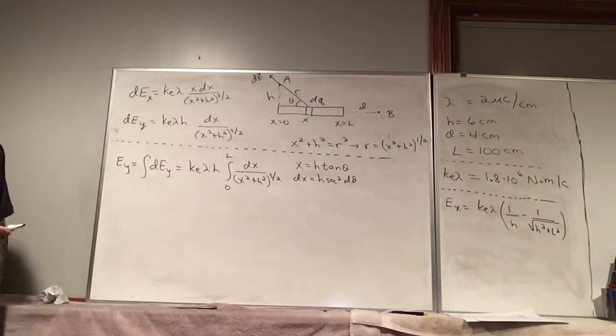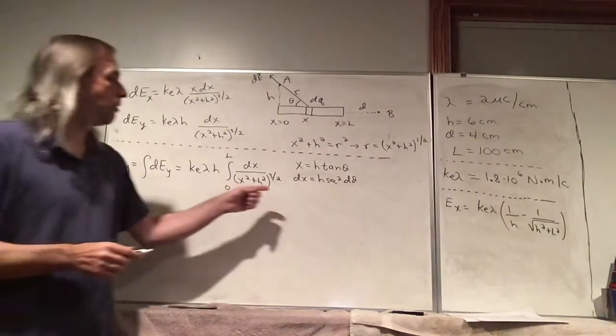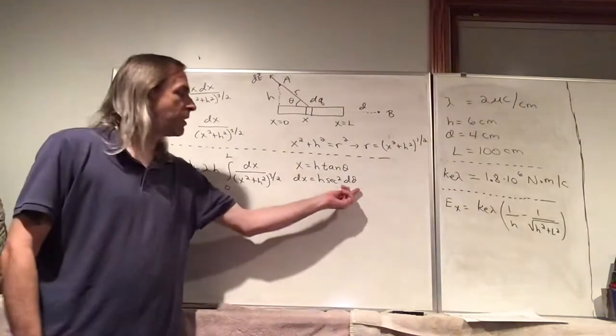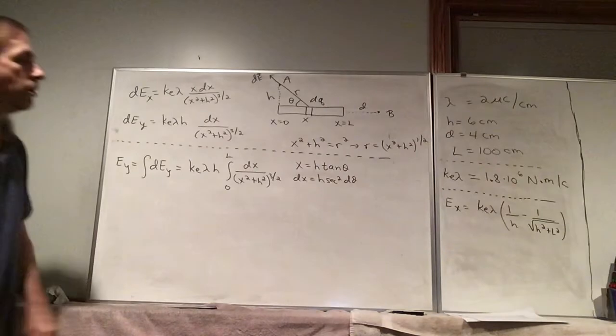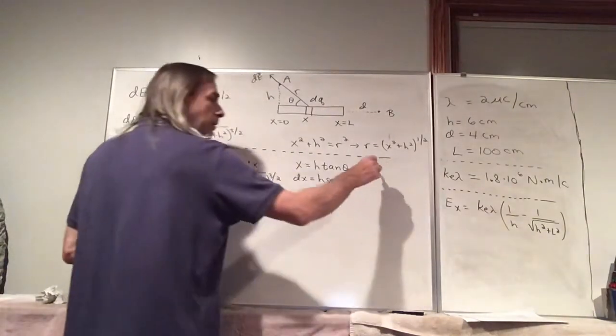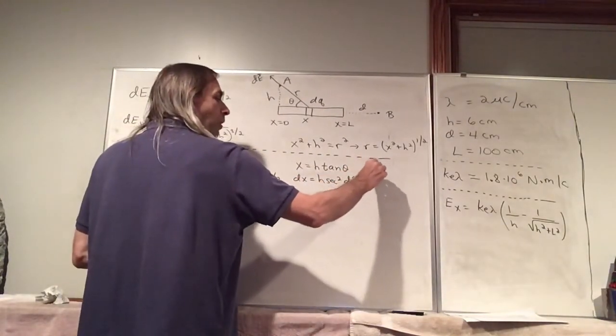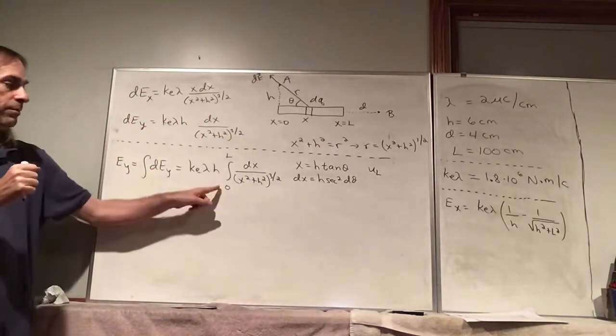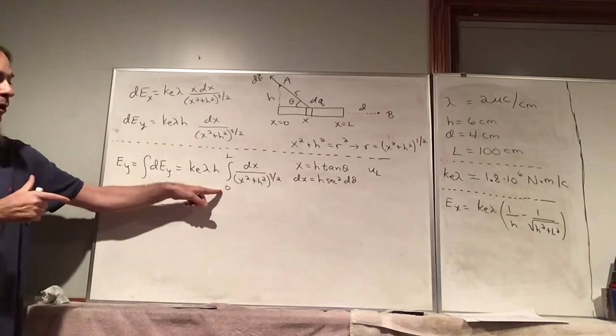And just like before, once we switch to our new variable, we're going to have different limits. So let's call those L and U for lower and upper. That would probably be better. But now we're going to be integrating over d theta. So let's say UL, that's what we get from the lower limit, where x equals 0.